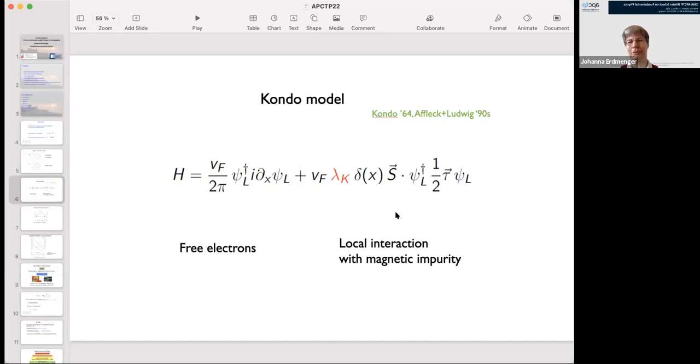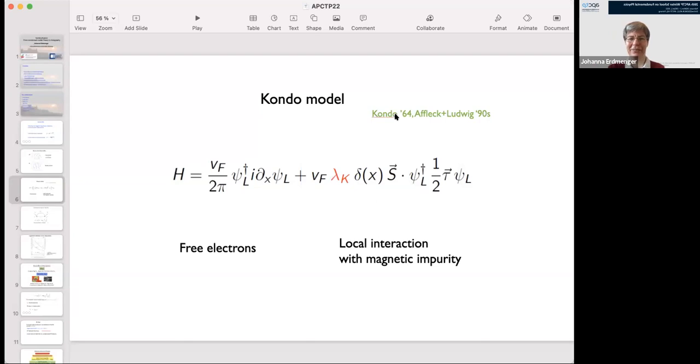I'm going to do this tomorrow. So in this sense, you're absolutely right. We can also add space-time indices here, but in this simple form from 1964, this is just a vector in spin space. Thank you. I will come back to this point tomorrow. Okay, so let's just work with this very simple model.